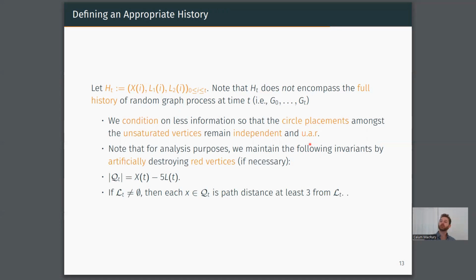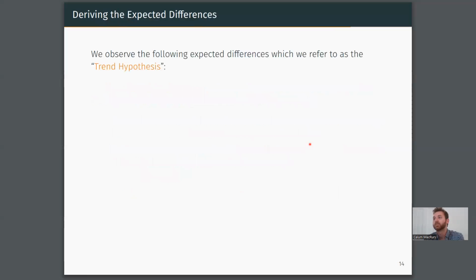And we'll also have the property that any permissible vertex is at least path distance 3 from all of the red vertices. This is also just for convenience in our analysis, and isn't really so important for this talk. Okay, so based on this history we've defined, as well as the assumptions we made on the permissible vertices, we can derive the following kind of trend hypothesis.